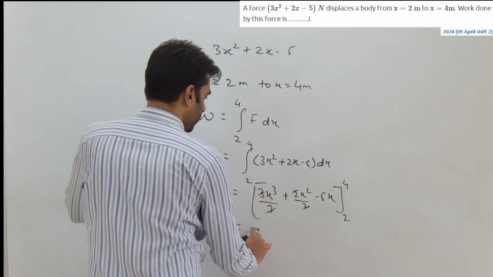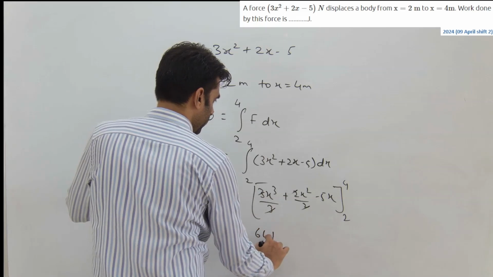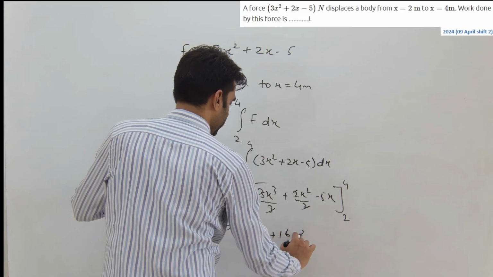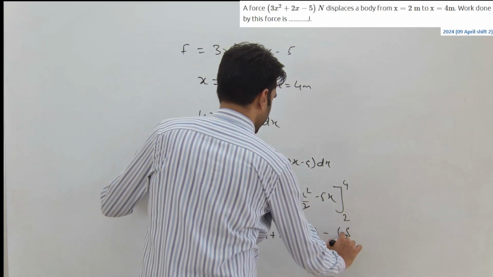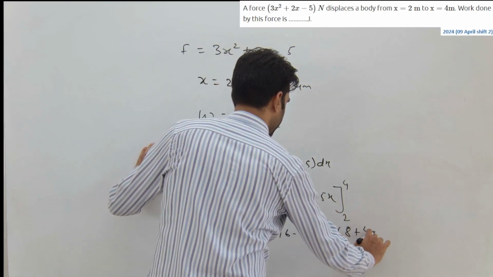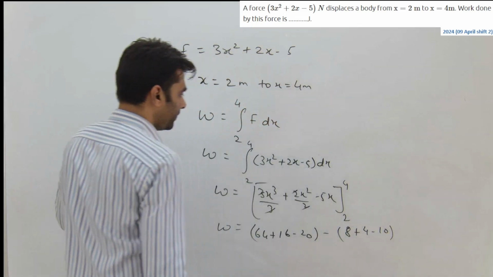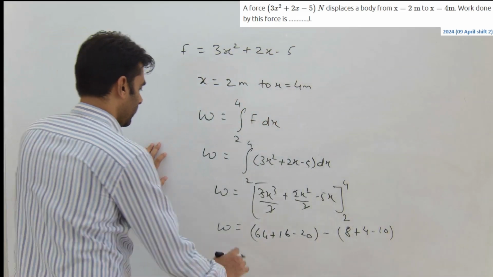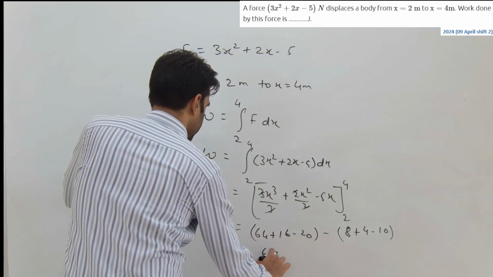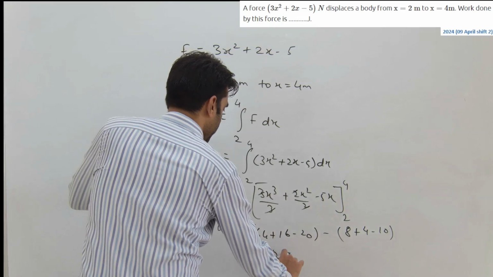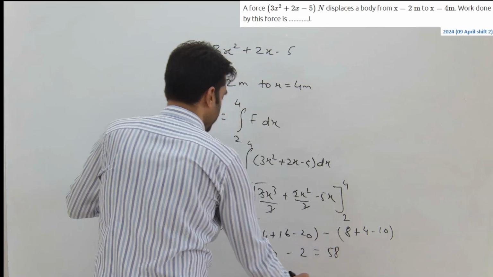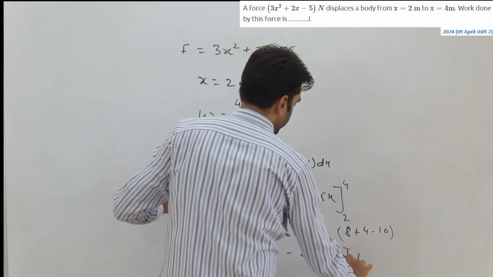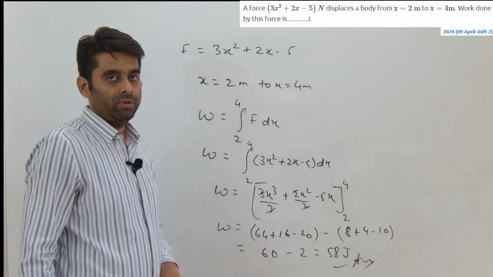It will be 4 cube, 64, plus 16 minus 20, minus 8 plus 4 minus 10. So we get over here 60 minus 2, which is equal to 58 joule. Right? Answer is coming out to be 58 joule.